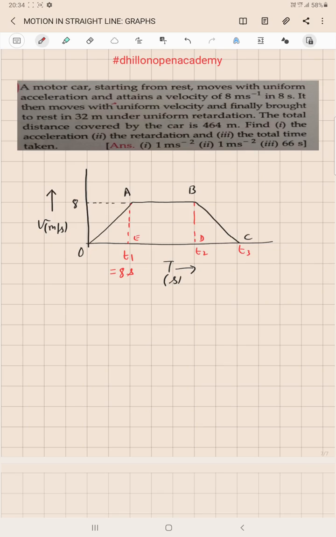So first we find the area under the velocity time graph. The area of triangle OEA will give us the displacement covered in this time interval. It will be half into OE into AE, which is equal to half into time 8 seconds, velocity also 8, which is equal to 32 meter.